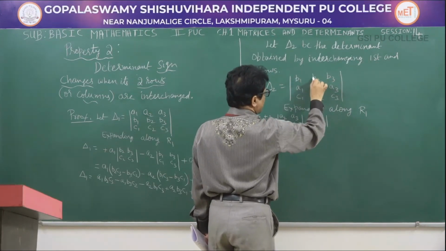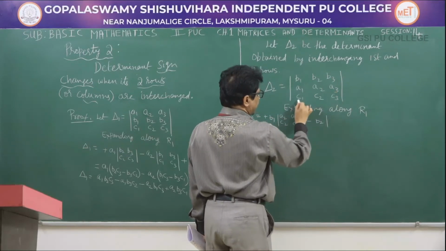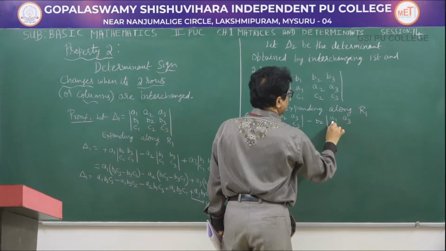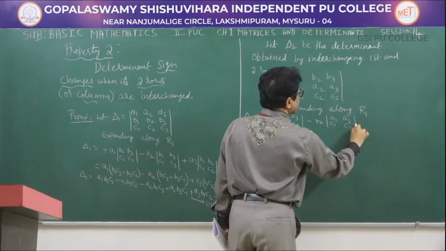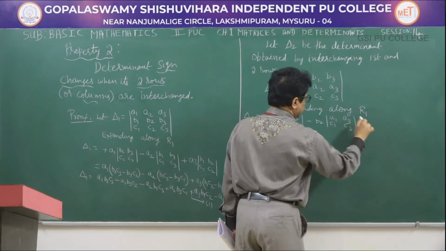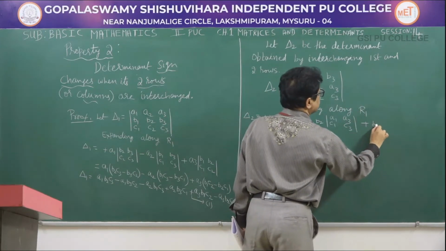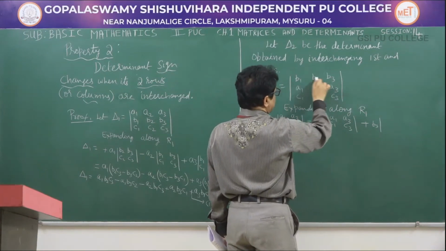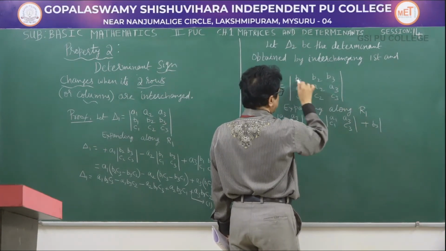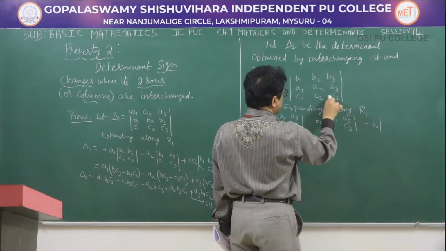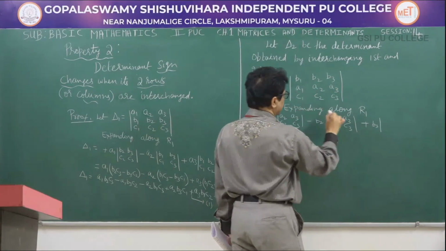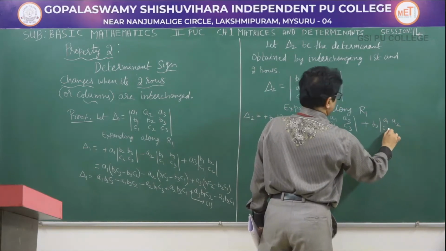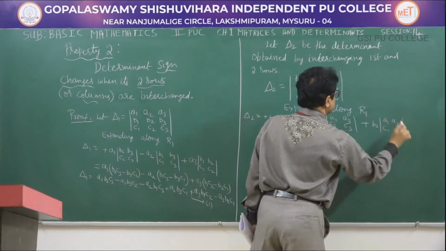We eliminate the first row and second column and take the determinant of the remaining elements. That is A1, A3, C1, C3 plus B3 into, so B3 lies in the first row and third column. We eliminate the first row and third column and take the determinant of the remaining elements. That is A1, A2, C1, C2.